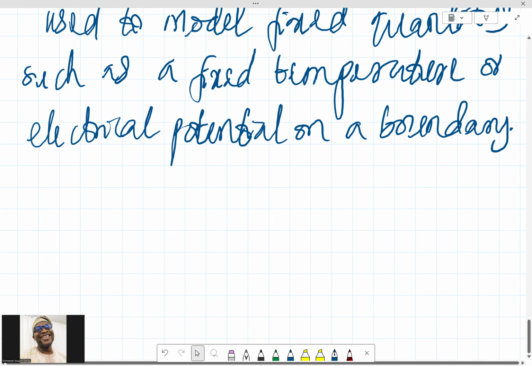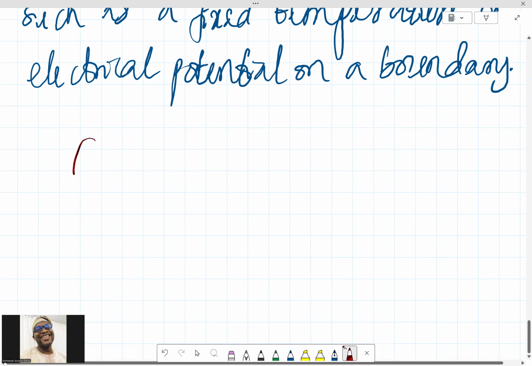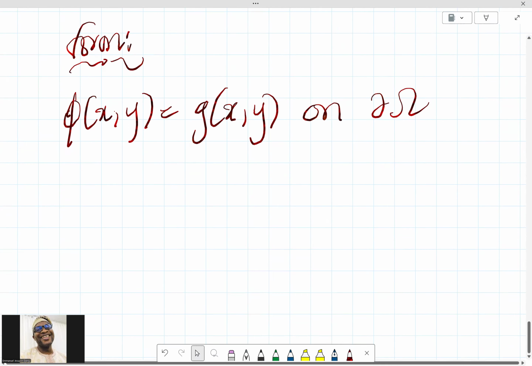So the form of that will be something like this: phi of x comma y equals g of x comma y on partial omega.